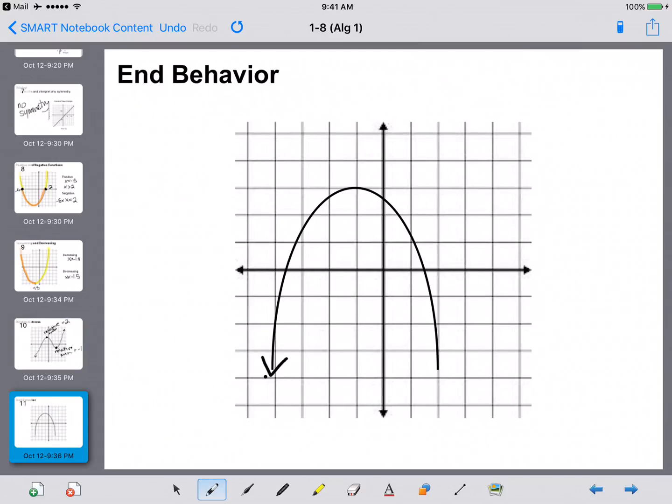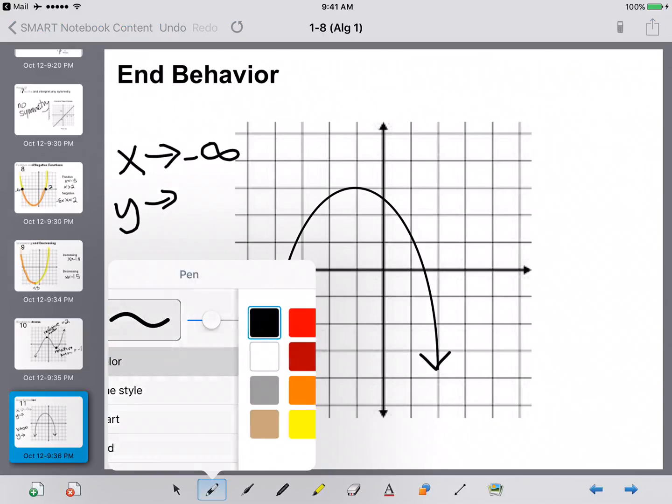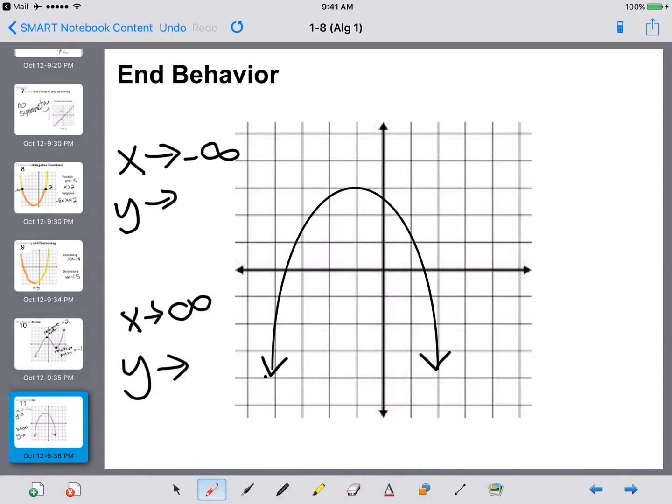Then your end behavior. That's where you're looking at your graph and going, okay, you'll have this for everything. As x is going to negative infinity, what's your y doing? As x is going to positive infinity, what's your y doing? So these things get written down every single time. Then you add in what it's doing in regards to your specific graph.